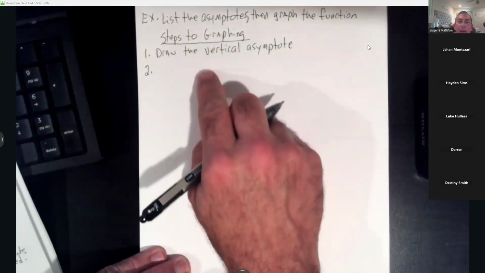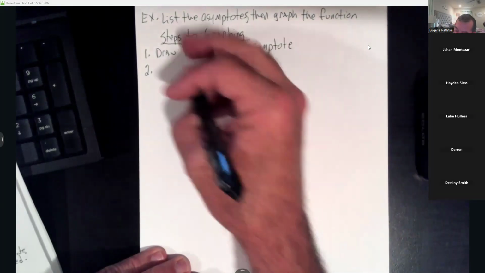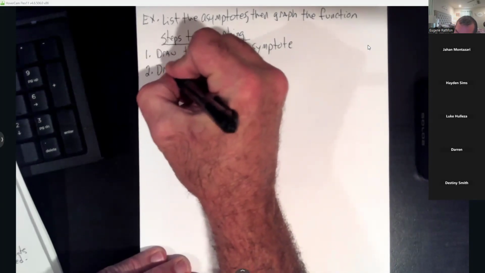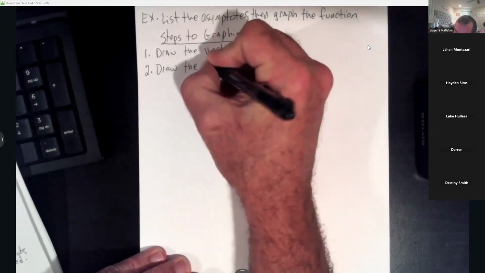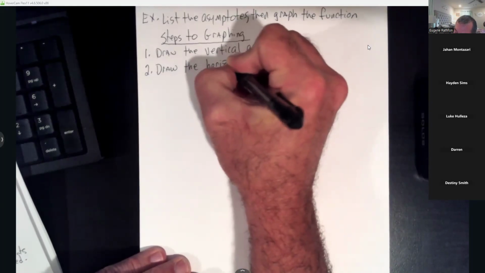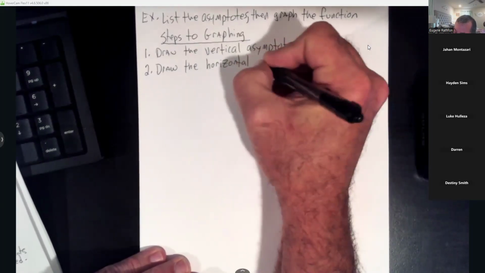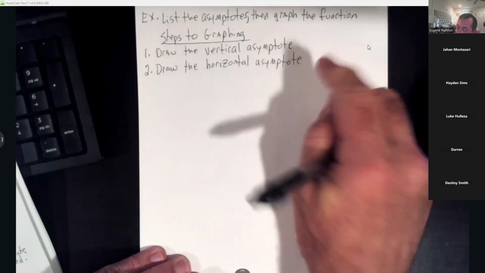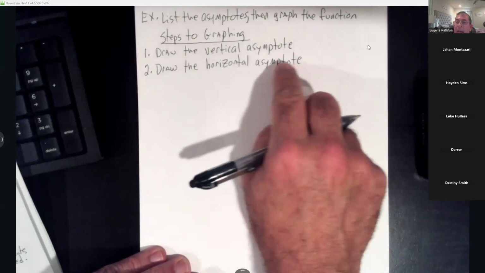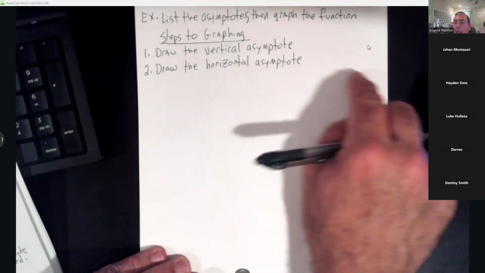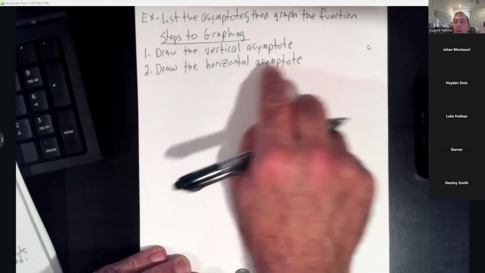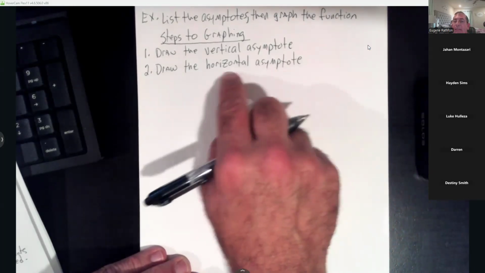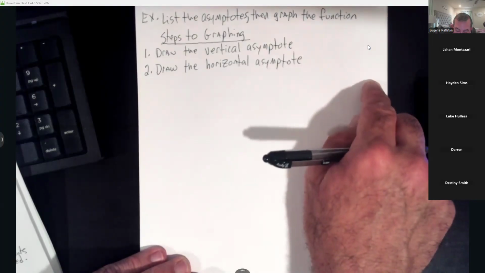Next, I'll figure out the horizontal asymptote. Well, that's just going to be another imaginary line, and I'll sort of draw it toward the end of my graphs because that's what the graph is going to try to approach as it goes towards these infinities.